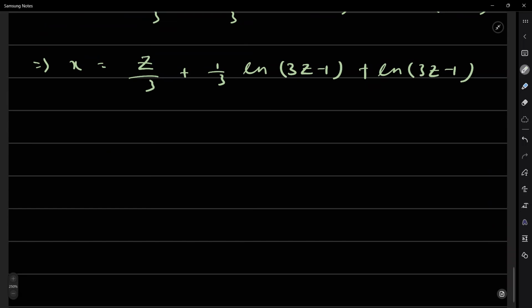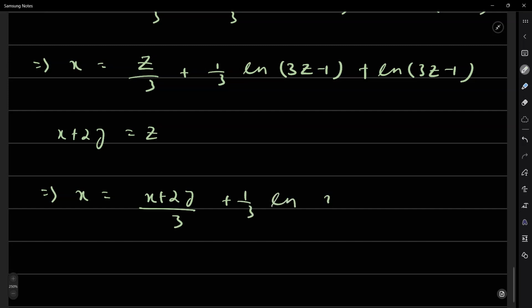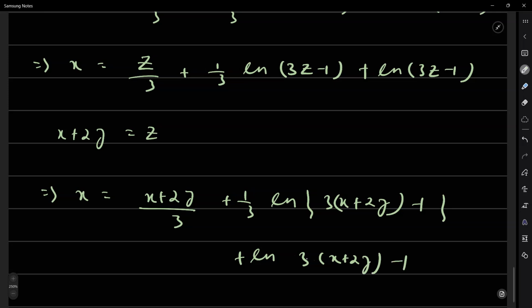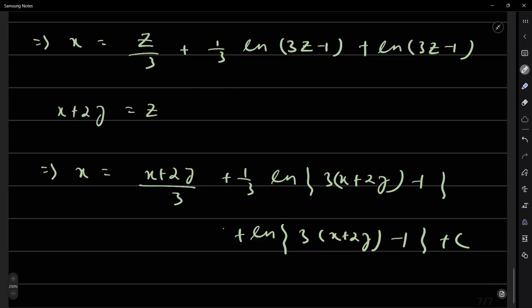Now we can substitute the value x plus 2y equal to z. So this is the final solution.